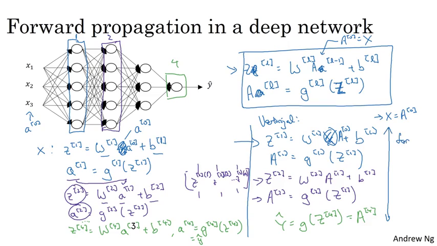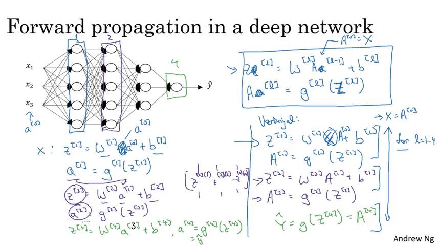For L equals 1 to 4, or for L equals 1 through capital L, you have to compute the activations for layer 1, then for layer 2, then for layer 3, and then for layer 4. So it seems that there is a for loop here.